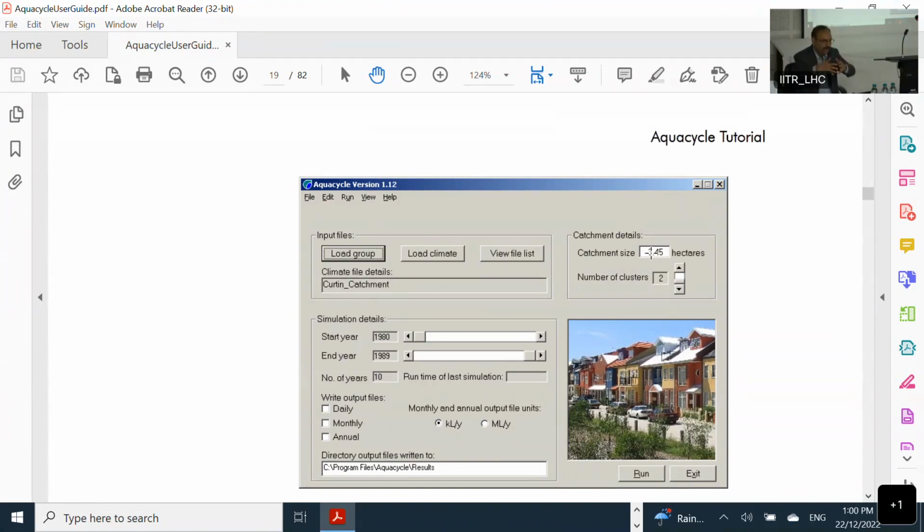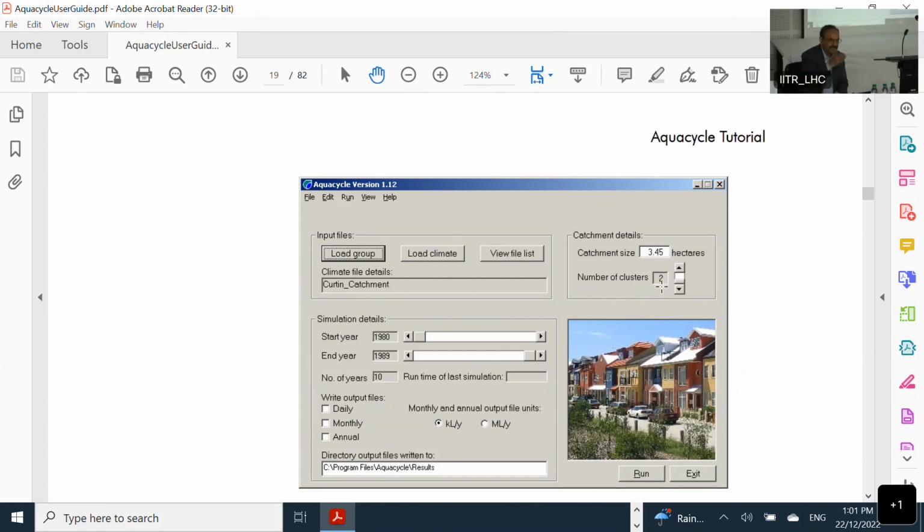If you have 100 homes, then the area of the roads, parks, and gardens will also be included in the overall catchment, because that way you will like to know how much stormwater is being generated by the whole catchment. So the catchment area is your whole development area, and that information will be provided over here.